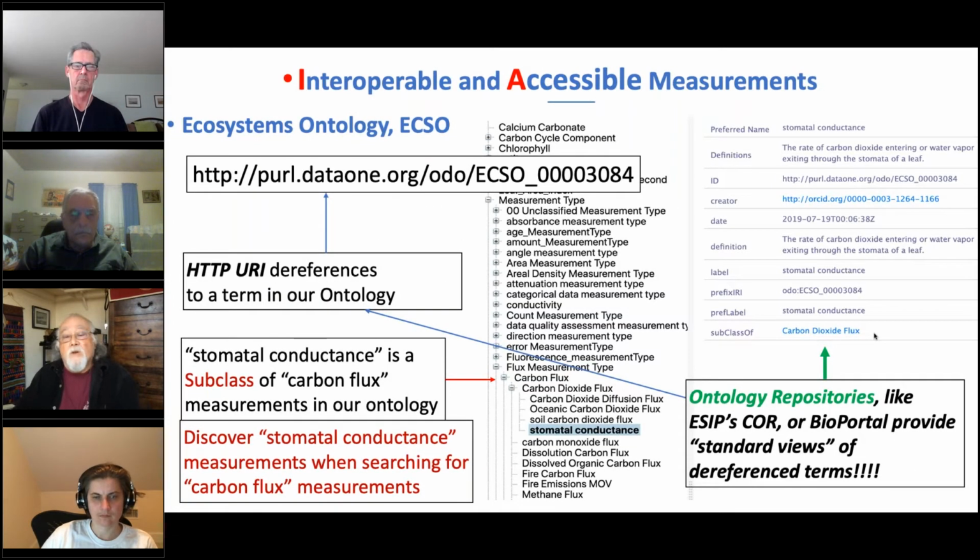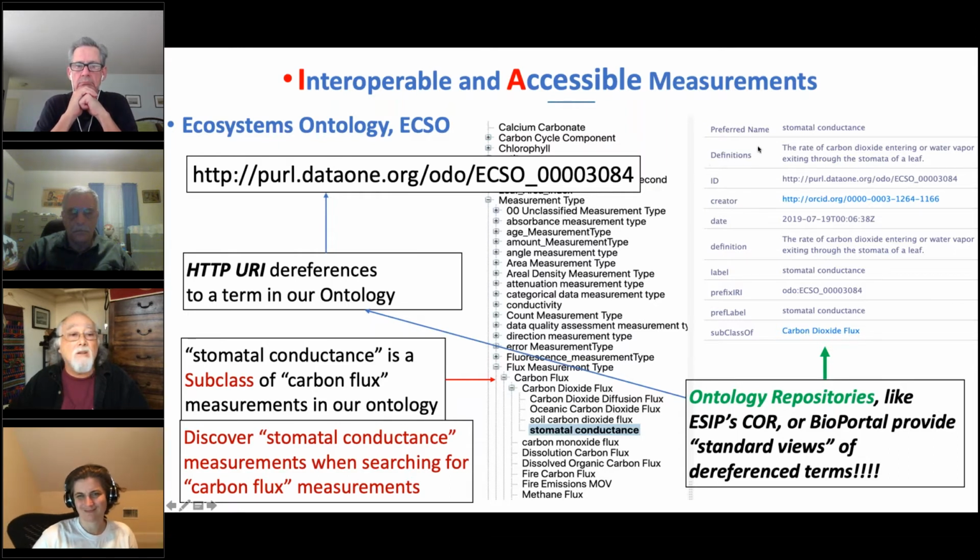So here's a view of an ontology that I've been working a lot on. I think I saw Margaret O'Brien. She's a colleague who's also worked a lot on EXO, the ecosystems ontology. Here again, you can see that we have a dereferenceable, unique, and persistent identifier. If you plug that into the web, you will see something like this. It'll tell you exactly what this EXO 00003084 is.